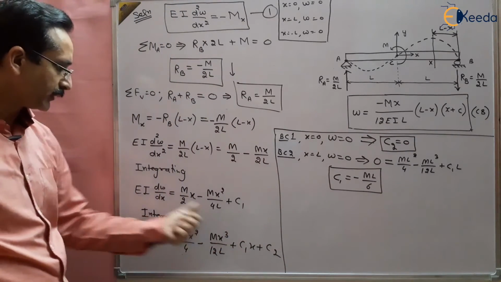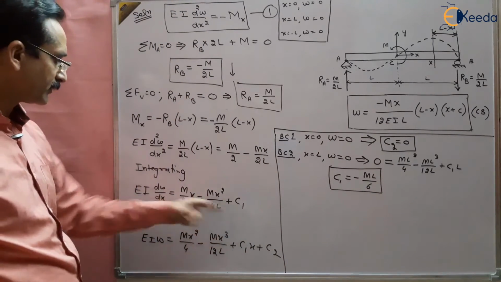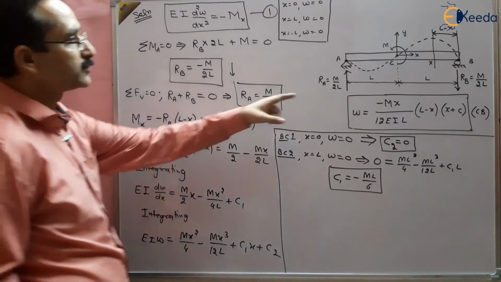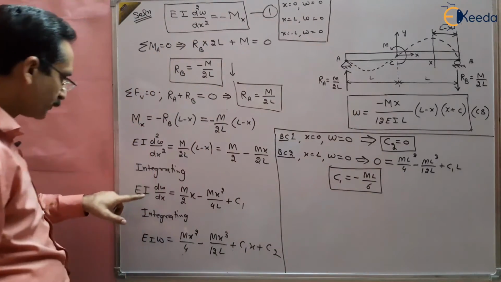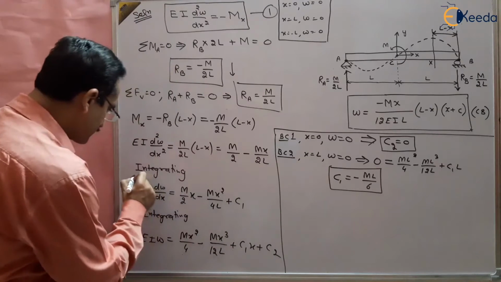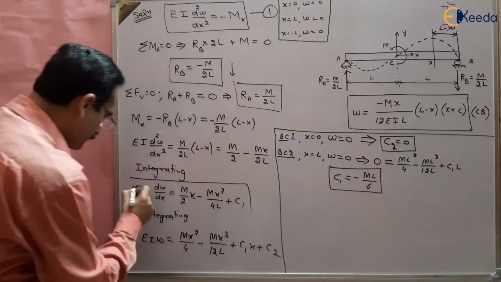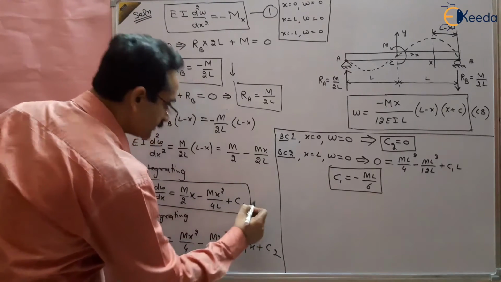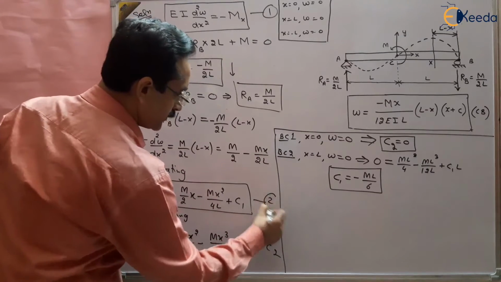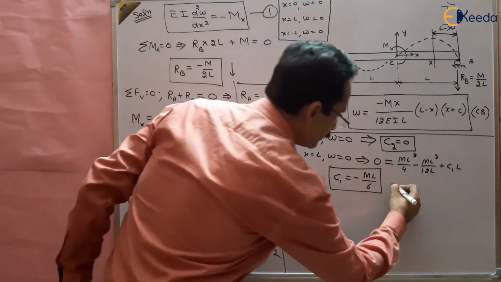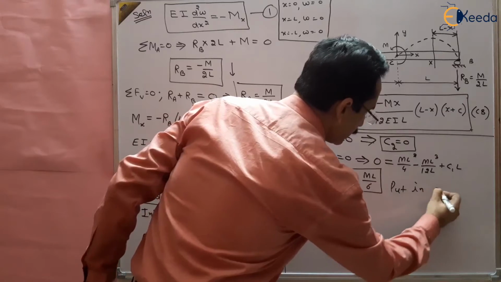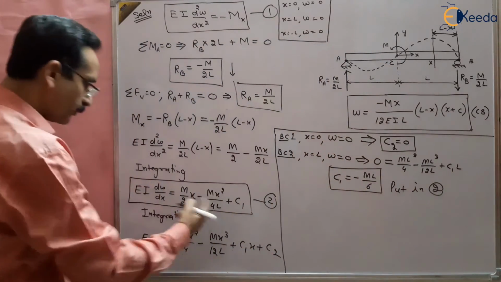Put the value of c1 here and you will get the slope, because we have to find out the slope at point C, right? So put it in this equation. Suppose this is the slope equation, equation number 2. Put in equation number 2 and you will get the slope, right?